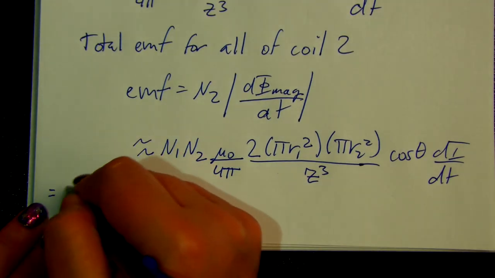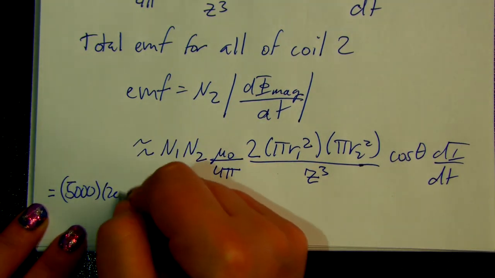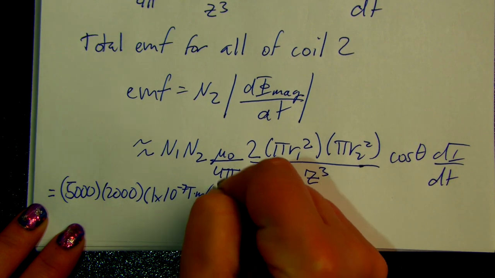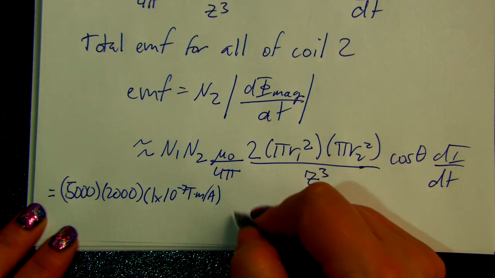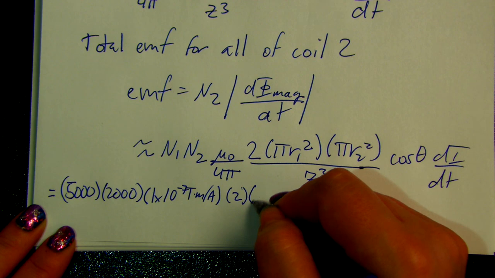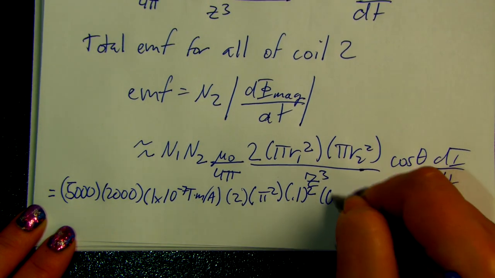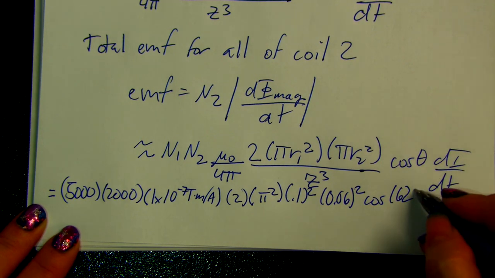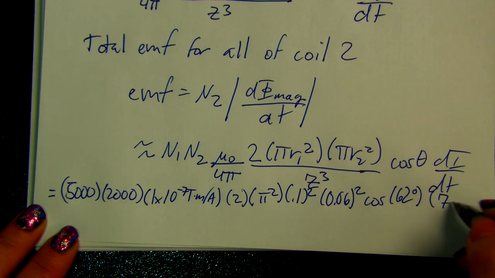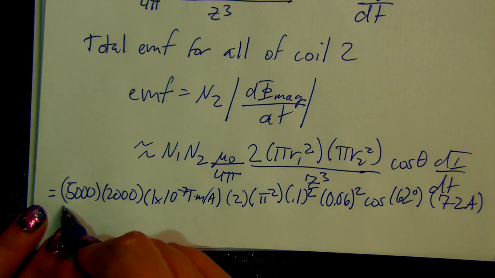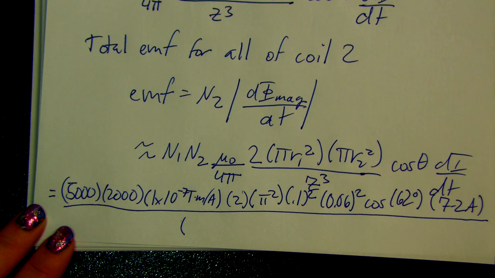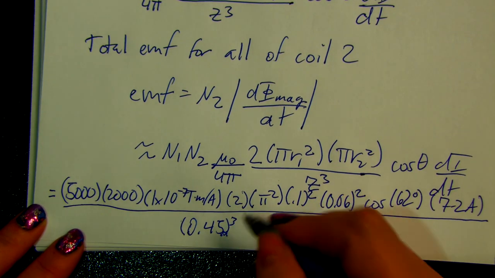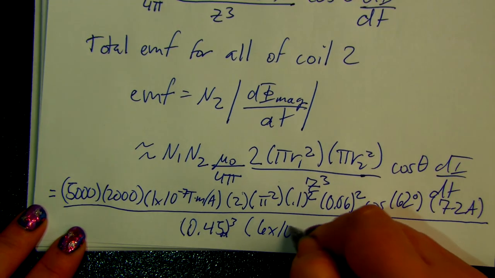So this is equal to 5,000 turns for N1 times 2,000 turns for N2, times 1 times 10 to the minus 7 Tesla meters per amp, times 2 times pi squared times 0.1 squared times 0.06 squared cosine of 62 degrees times 7 minus 2 amps, the amount that the current has changed, divided by 0.45 cubed, the distance between the two coils, times 6 times 10 to the minus 3 seconds.